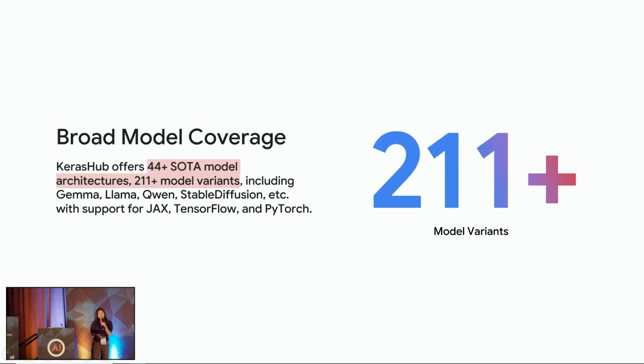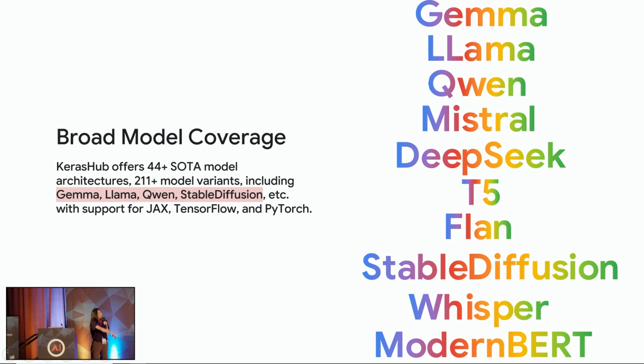We have many of them, right? 200 plus model variants, 44 state-of-the-art model architectures. And here's just a selection. You'll see the hottest and latest LLM architectures are all there. So at Keras, we take a lot of pride in being able to offer such a wide array of models.